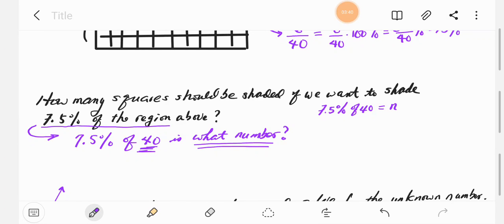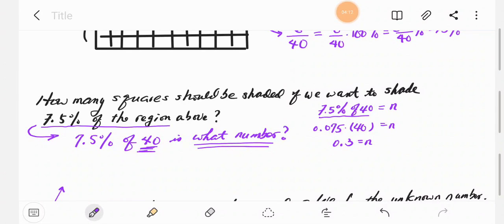So let's calculate this. 7.5% can be written as 0.075, multiplied by 40. That's the number n. Then multiplying these two numbers, there will be 0.3.